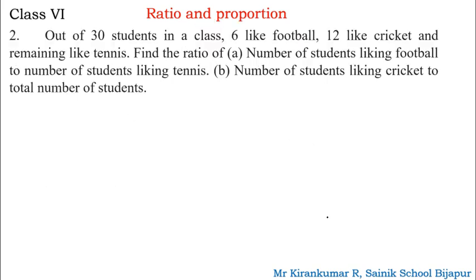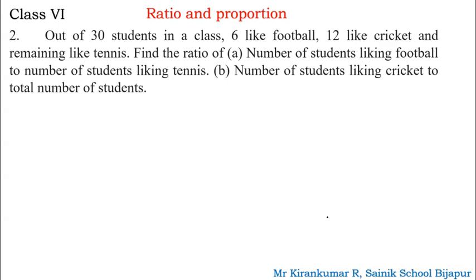Now let us take the second question. Out of 30 students in a class, 6 like football, 12 like cricket, remaining like tennis. Find the ratio of the number of students liking football to the number of students liking tennis.